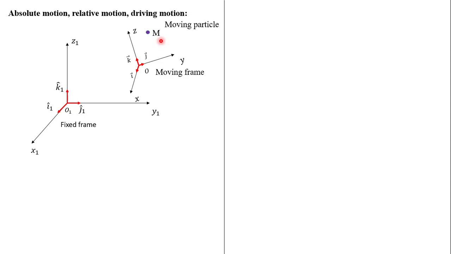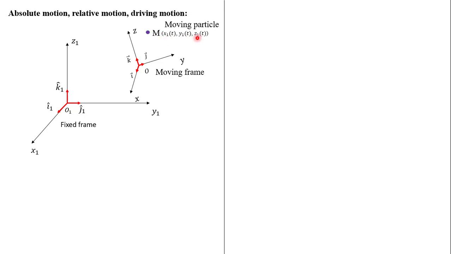Okay, this moving particle can be observed by O1, an observer at rest, and it can be seen by a moving observer at O. So if we take the coordinates of point M with respect to the fixed observer, M has x1, y1, and z1.